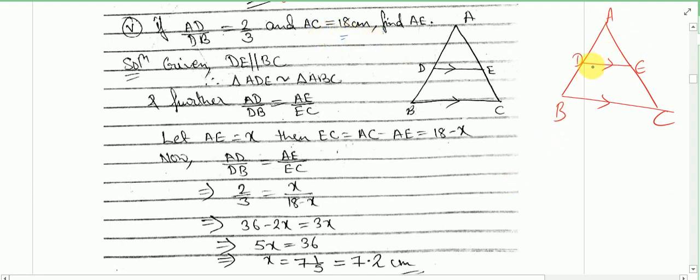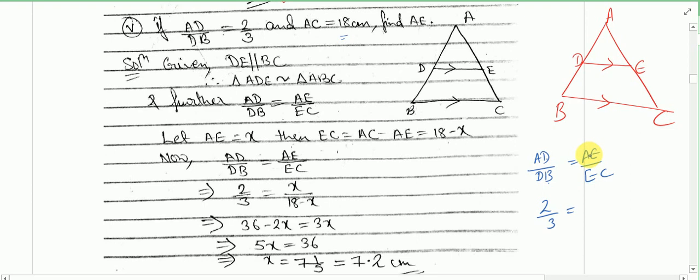So since DE is parallel to BC, by basic proportionality theorem we will have AD upon DB is equal to AE upon EC. So AD upon DB is given how much? 2 by 3. Easy for us.